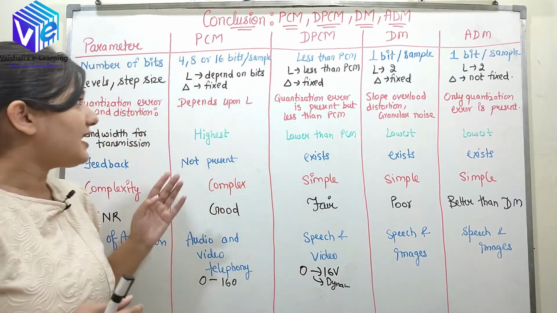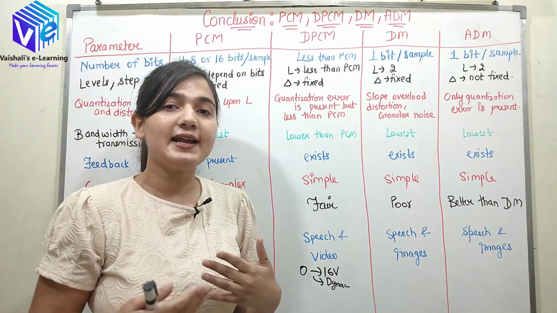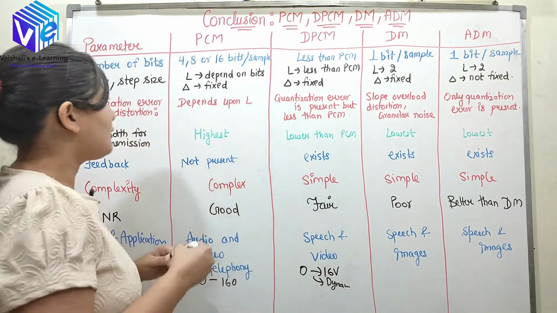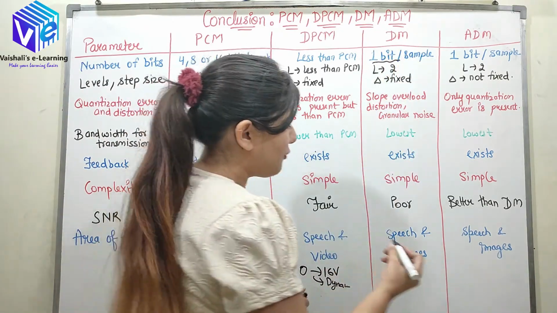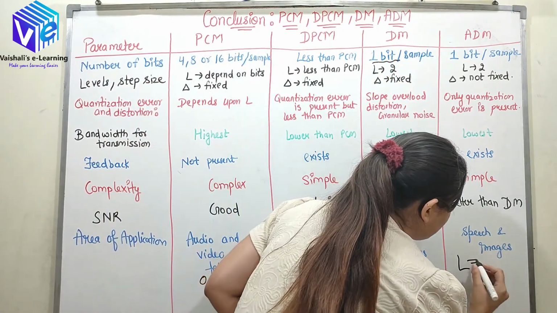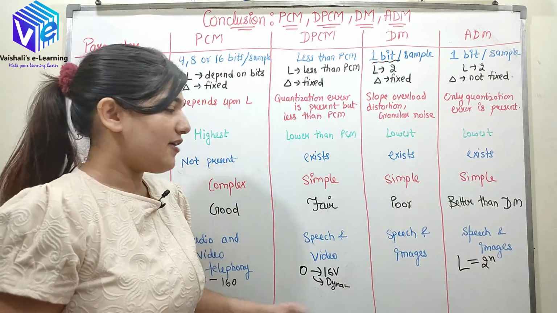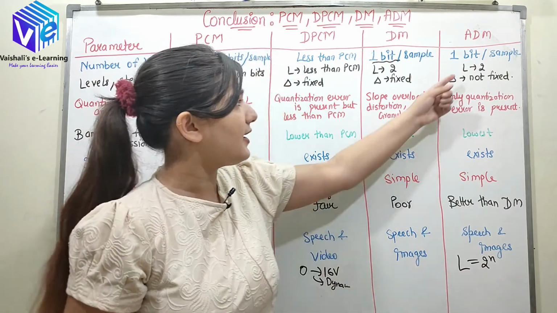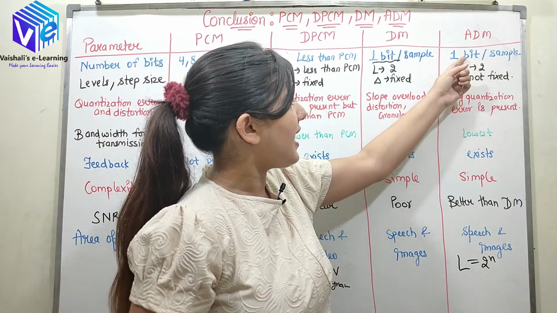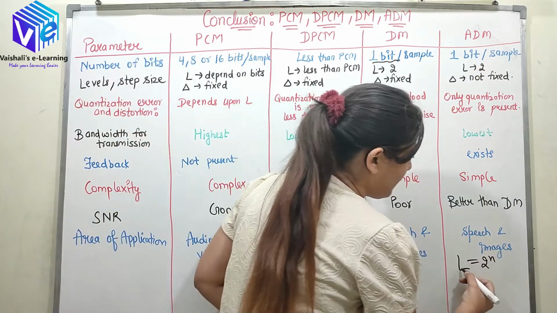So now the next factor is levels or step size. So level I can derive from the number of bits. So here if I have 1 bit per sample, we know the formula of levels. Levels is equal to 2 raised to power n. So when n is 1, L would be 2.